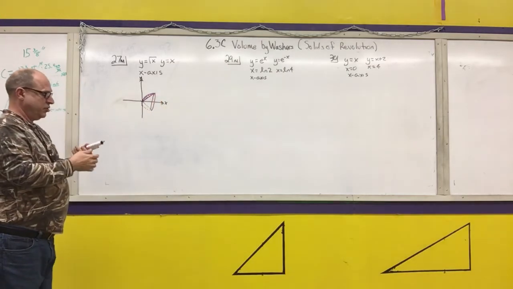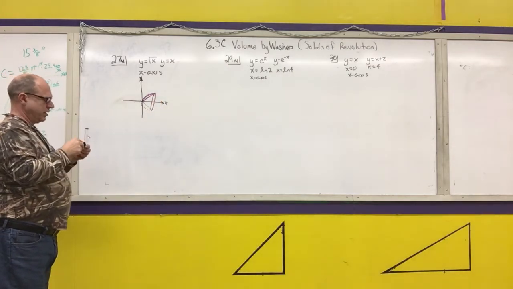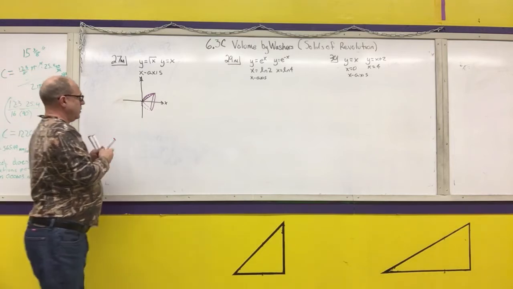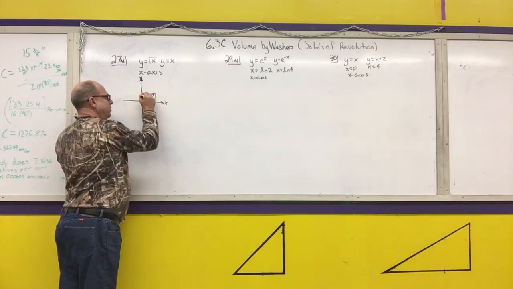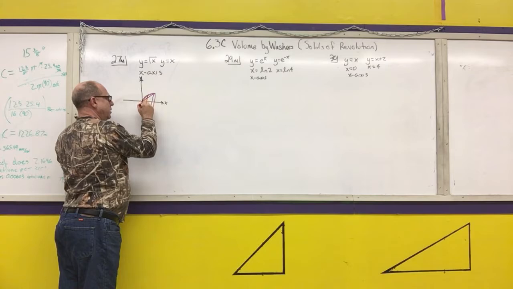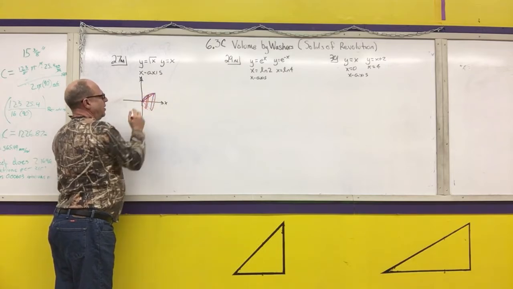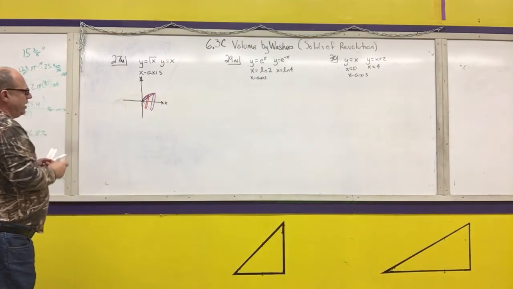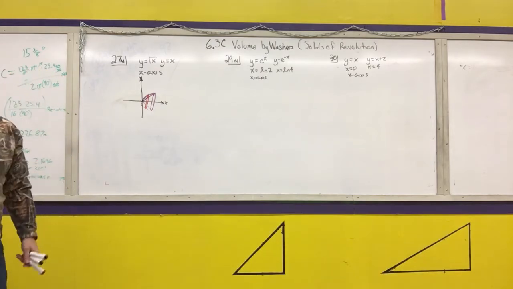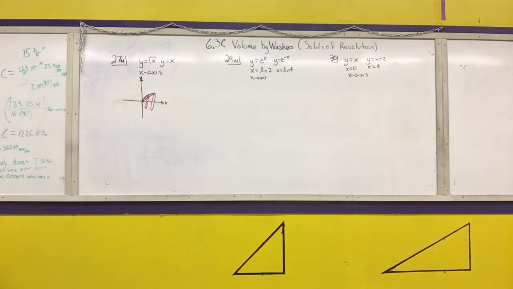And the first thing I'm going to do is draw an arbitrary cross-section. When I draw my arbitrary cross-section, I am now going to figure out where my inner radius and where my outer radius lie.